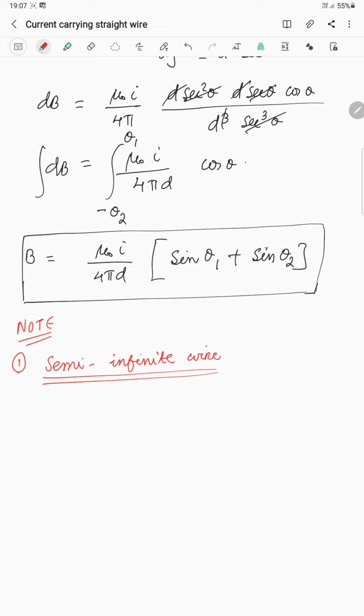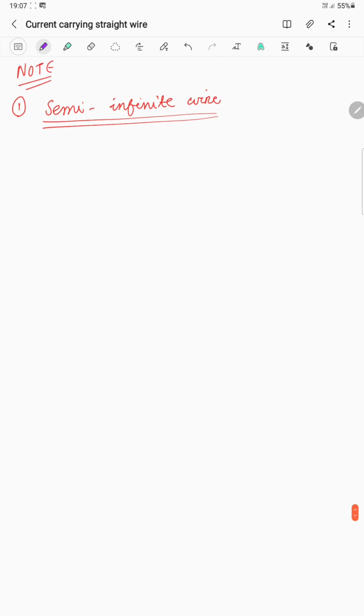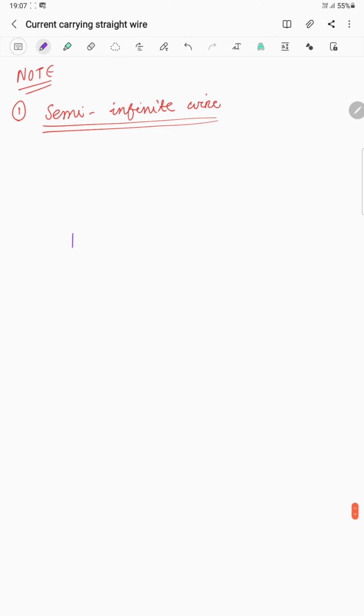When I take a semi-infinite wire, what I'll have, when I call this to be semi-infinite, that means I'll take a wire in this form. Okay, semi-infinite means one of the sides is extended up to infinity, and here I have a point. Followed, then what will be d? The perpendicular one I'll draw. So from here I'll draw the perpendicular. Okay, so this is d.